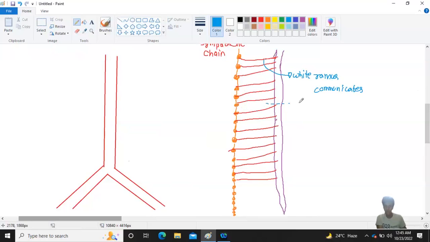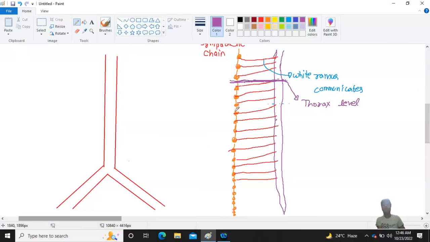This is the thorax level. The above are cervical ganglia and these are the thoracic ganglia.